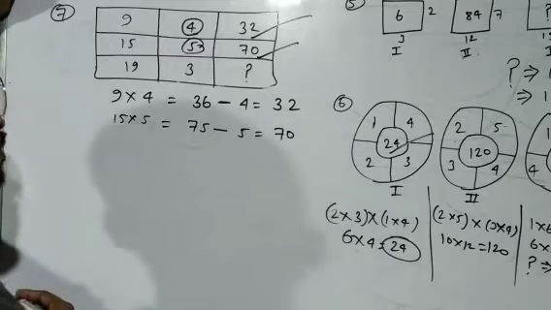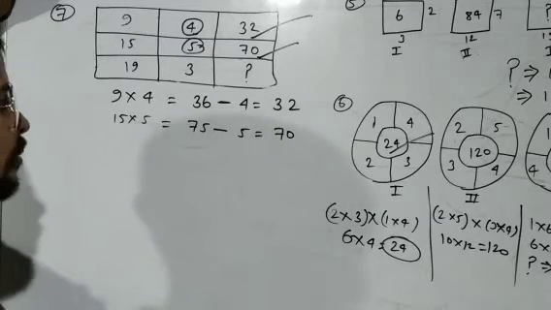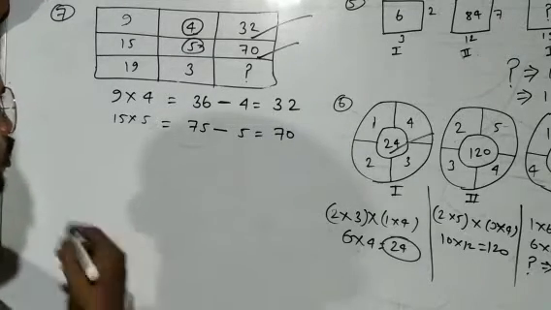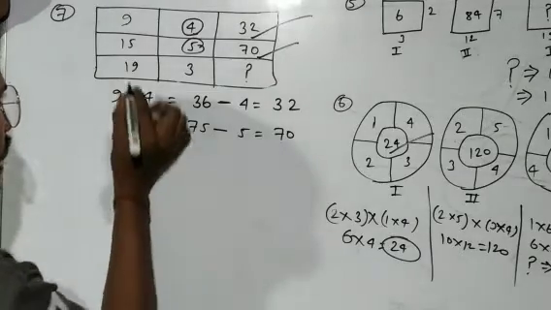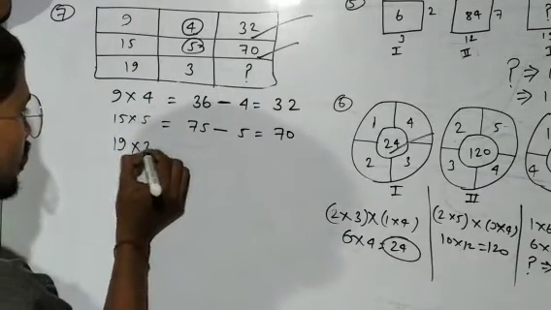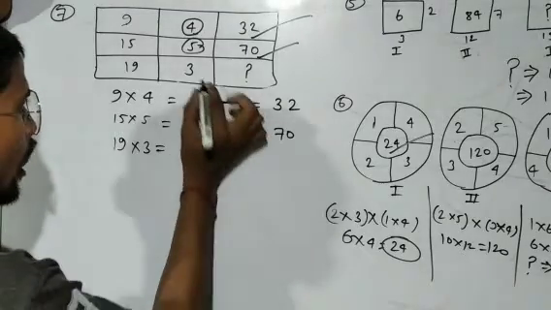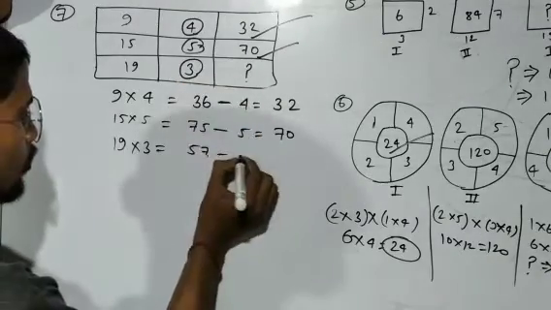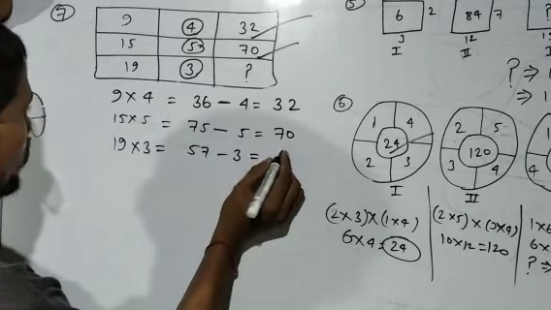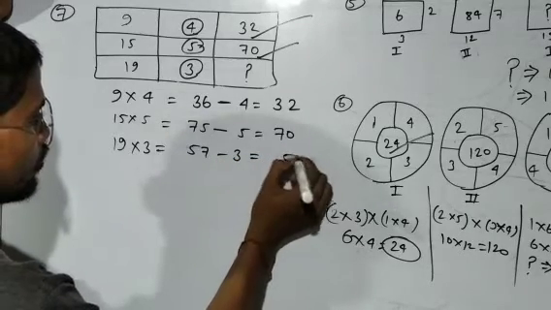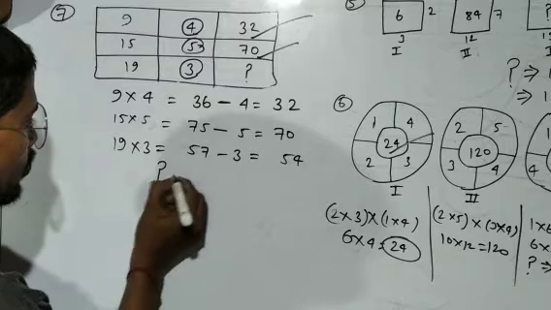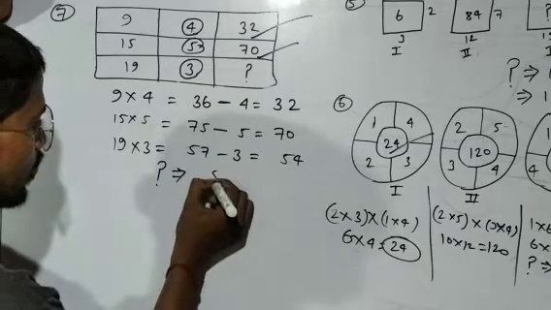Okay, then I can apply the same process for the third row. I can write 19 multiply 3, I can write 57 and subtract the middle number 3, then we can write 54. According to the place of what, I can of course write 54.